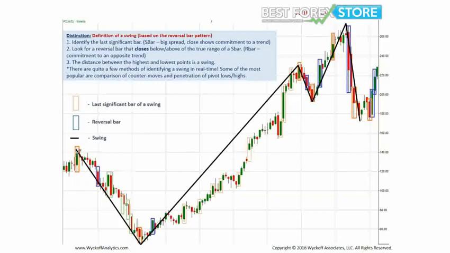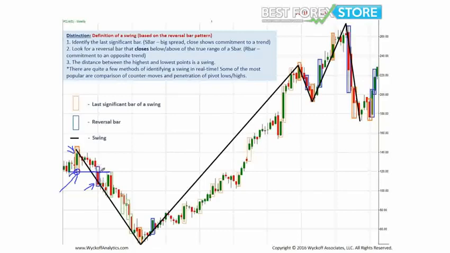I see that the last significant bar right here is to the upside, so I'm assuming that there was an upswing at this point. So my commitment for the reversal to the downside is all going to be about this level right here, this low. So I'm looking for a bar that's going to commit below this level. And here is this bar, and it is a significant bar, which is really great.